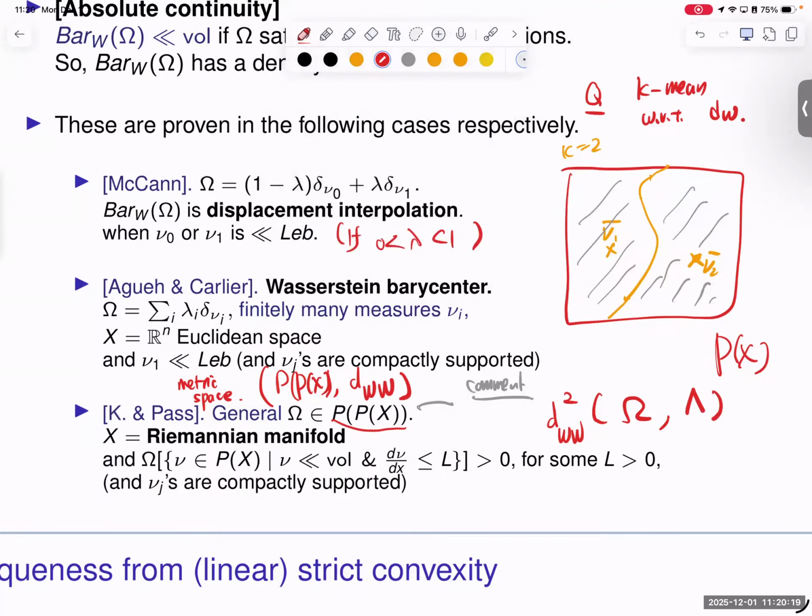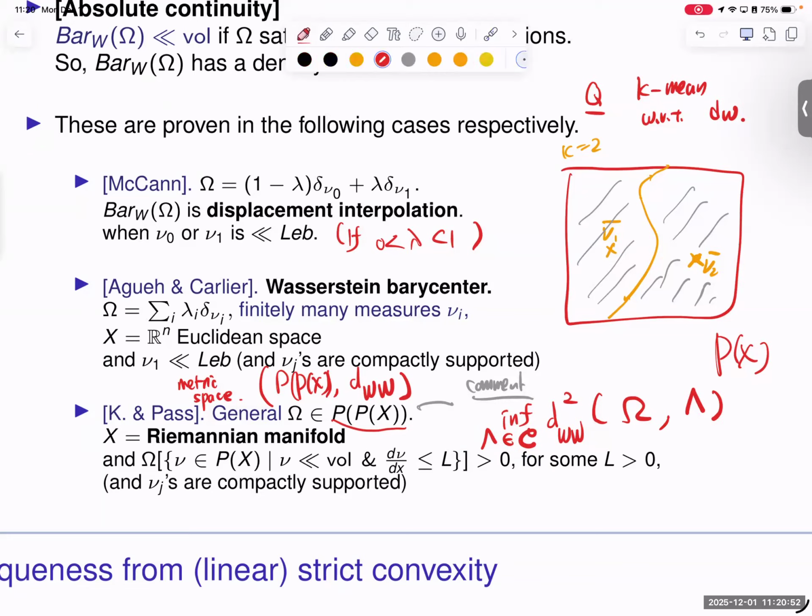And then you want to minimize over those lambda with some constraint. So Wasserstein barycenter is when this constraint set C just constrains lambda to be one single measure, one single point in Px.